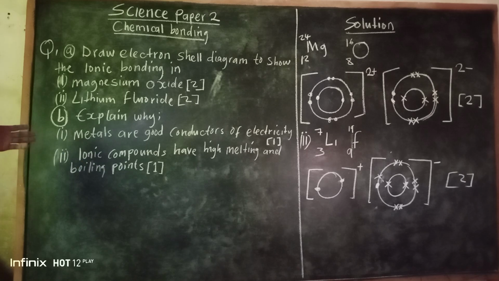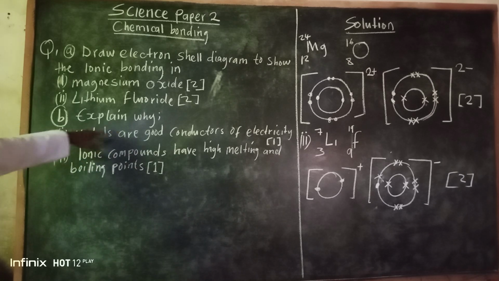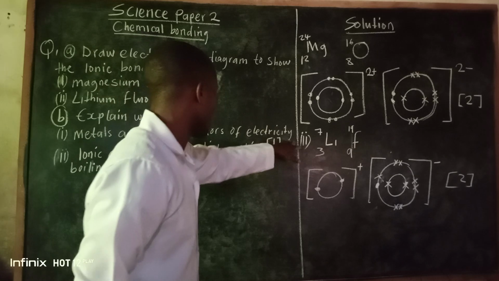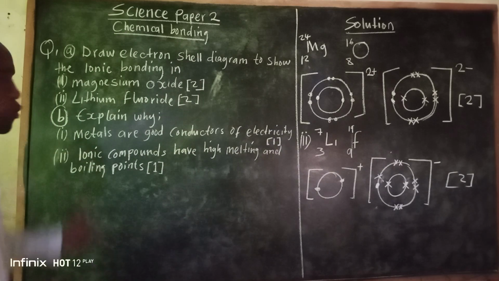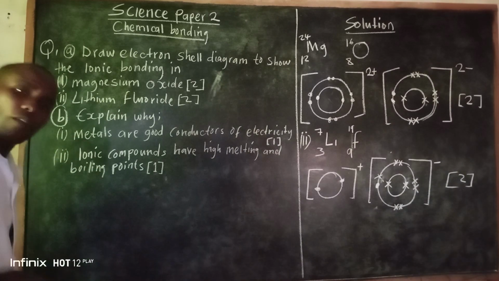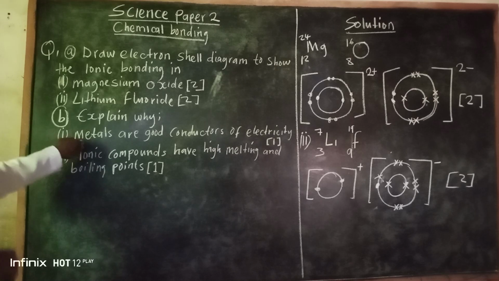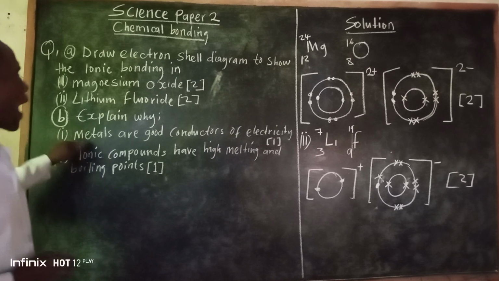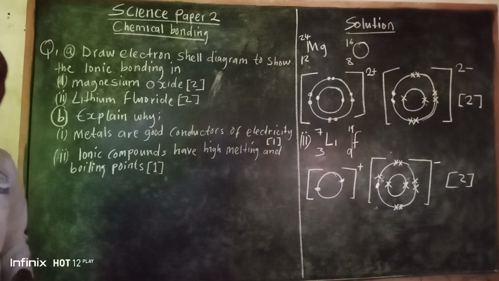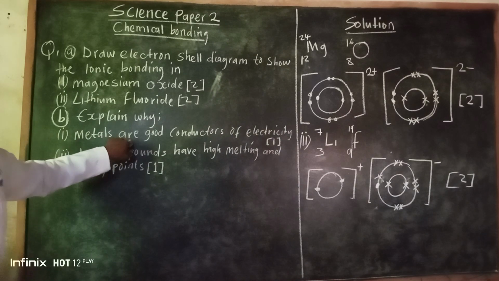Question B says, explain why metals are good conductors of electricity. Why are metals good conductors of electricity? The reason, as given in the earlier notes, is that ionic bonds have strong electrostatic force of attraction between ions.